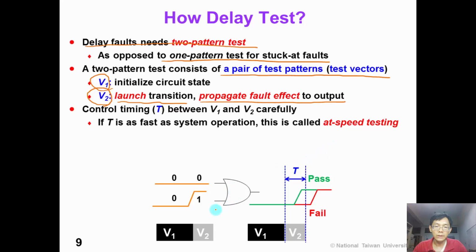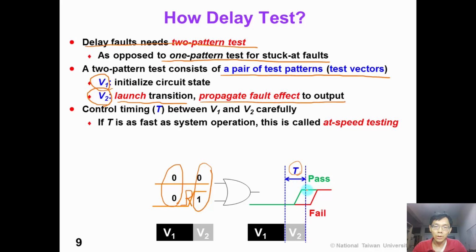For the following example, if we want to test this OR gate, we can apply two test patterns. In V1, we apply 0, 0. In V2, we apply 0, 1. So we launch a rising transition at the input. At the output side, we observe vector 2 output at the specified timing t.